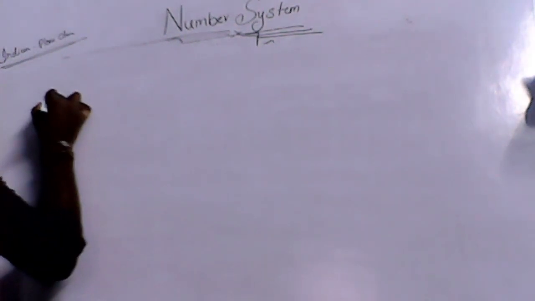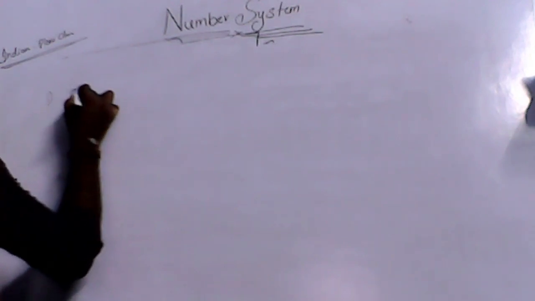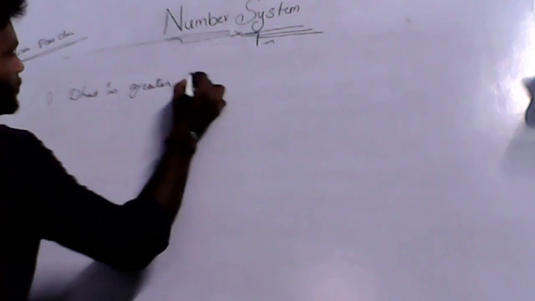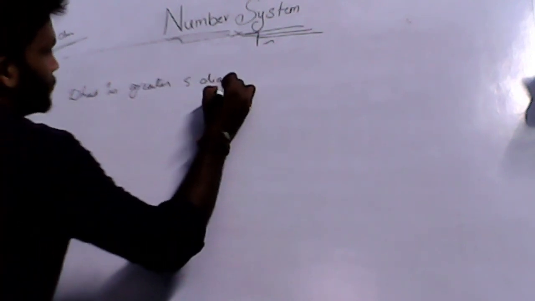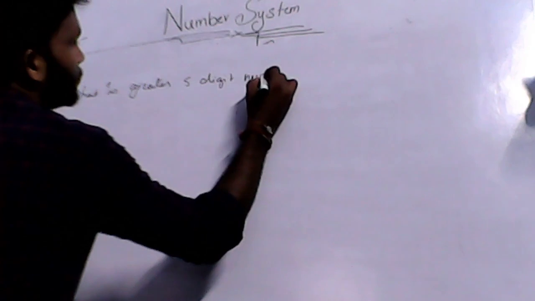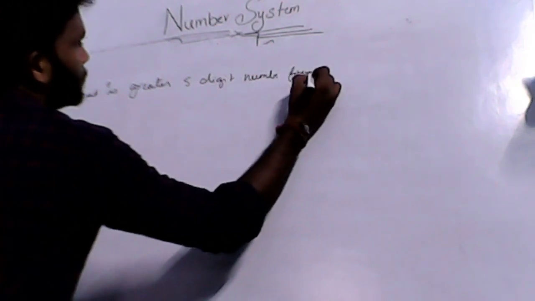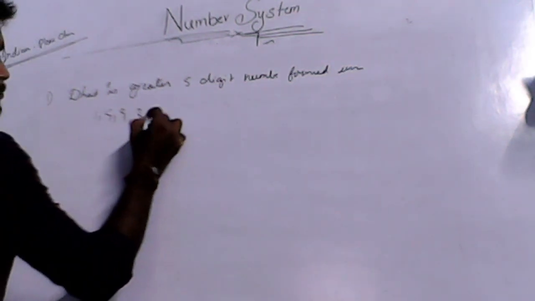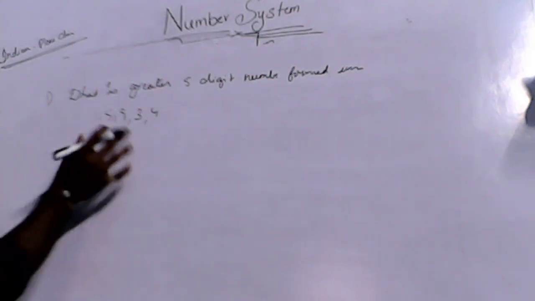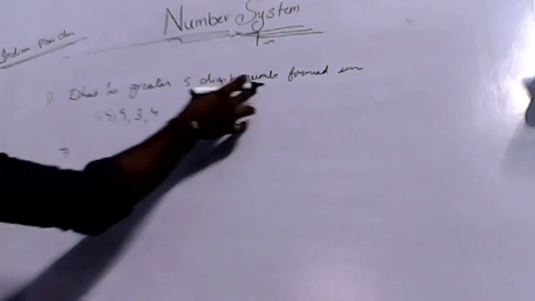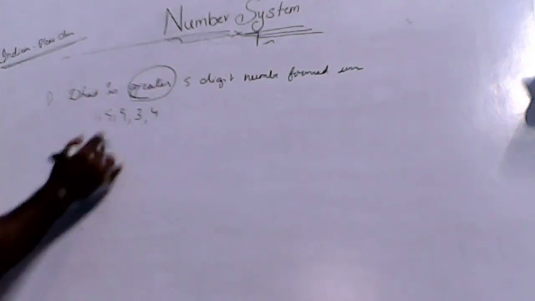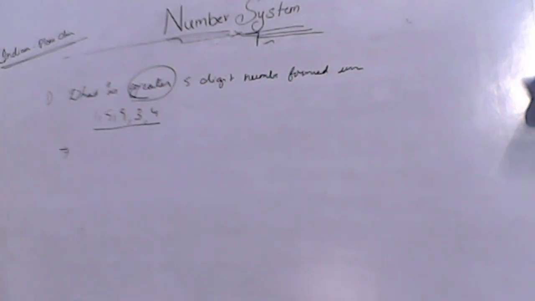We may have something like, what is the greatest 5-digit number formed using these digits? So he has given greatest. Then we have to place the greatest digit among these digits in the leftmost side.